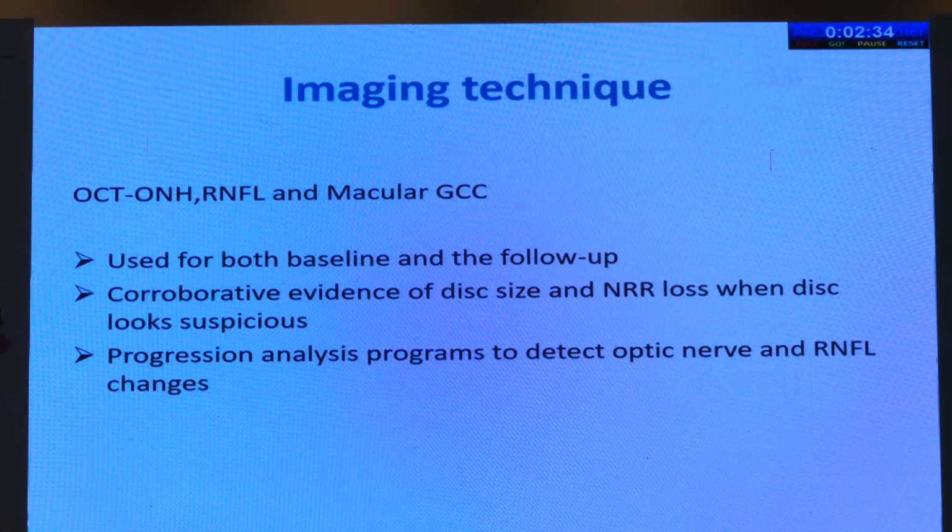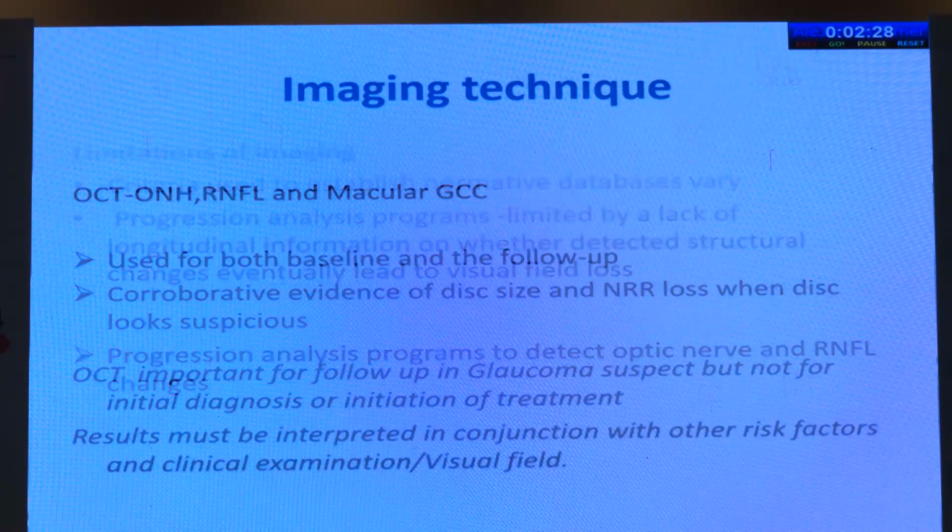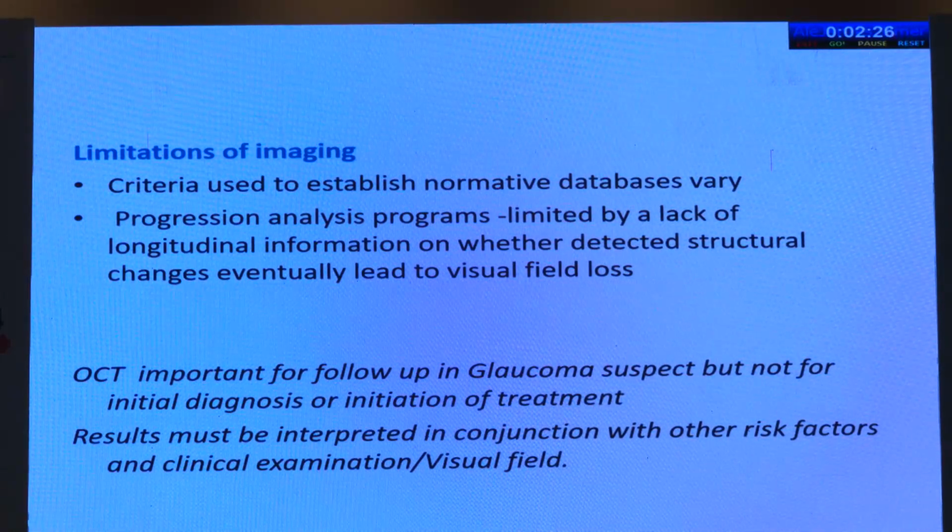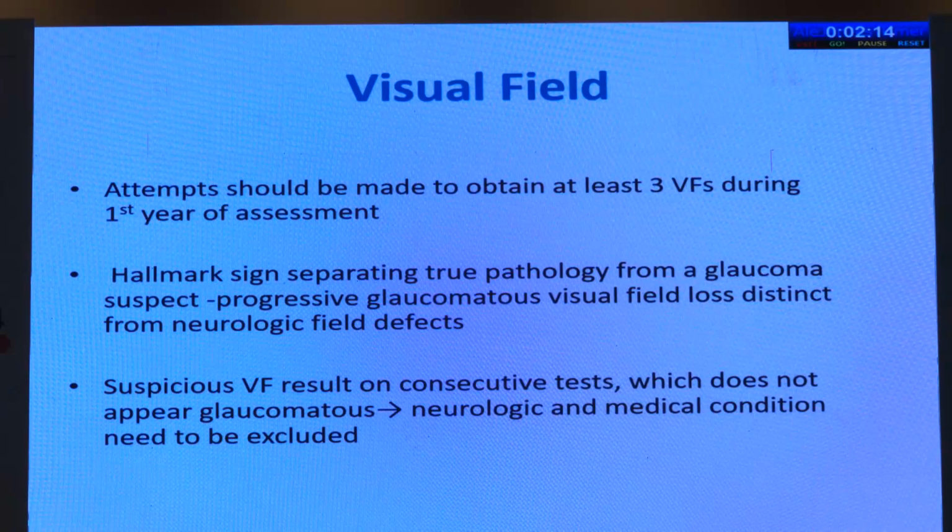Imaging technique is important for baseline and follow-up, and progression analysis programs help to detect the optic nerve and RNFL changes. But OCT is important for follow-up in glaucoma suspect, not for initial diagnosis or initiation of treatment. And results must be interpreted in conjunction with the other risk factors and clinical examination and visual field. Now, visual field, one should try to get at least 3 visual fields during the first year of assessment.